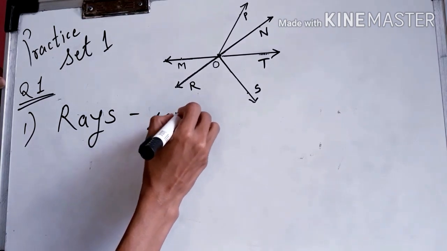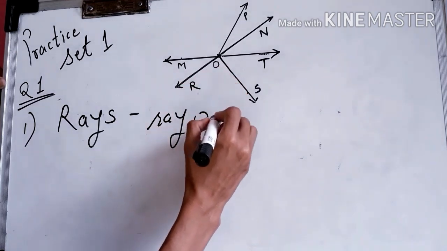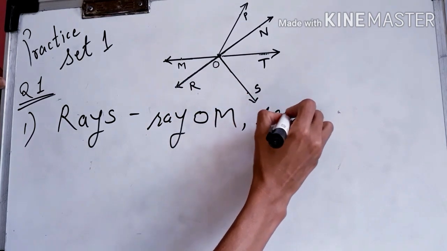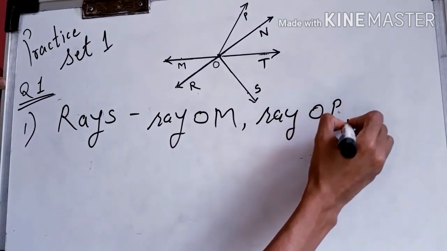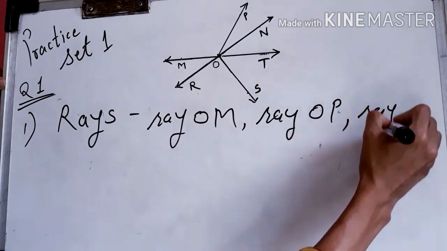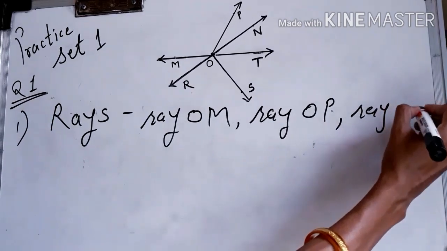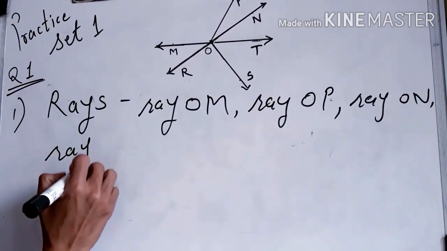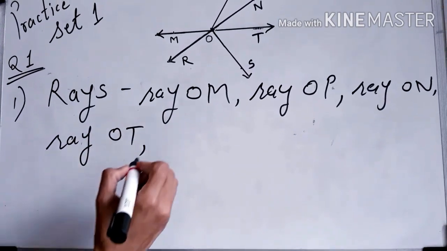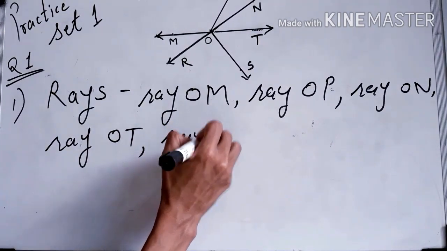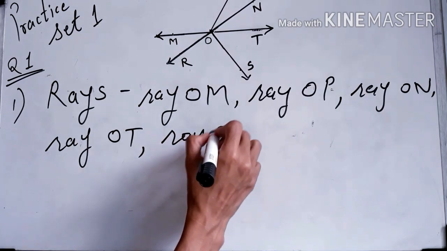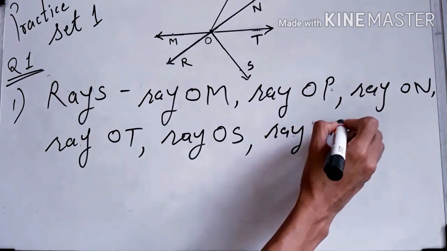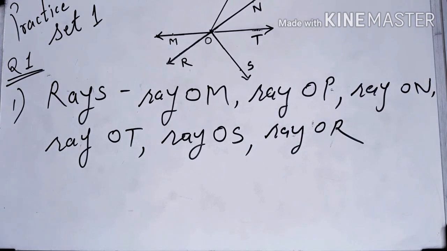Ray OM, then ray OP, then ray ON, ray OT, ray OS, then ray OR. These are the rays.